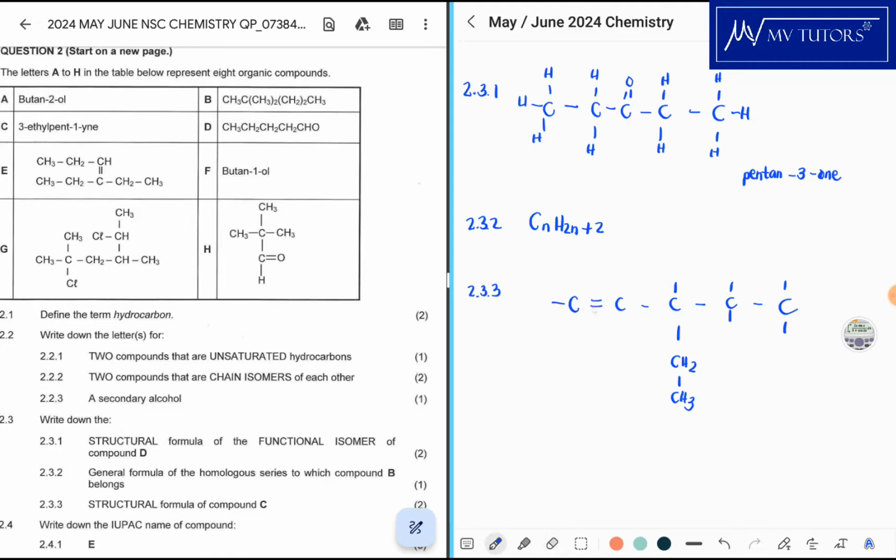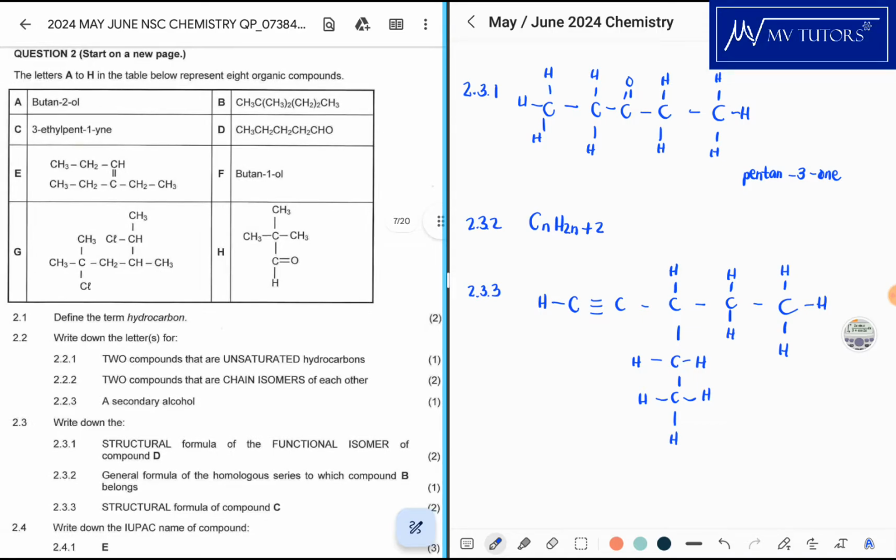We have a triple bond, then we have our hydrogen, and here we're going to have to put the hydrogens properly. There's our CH3. So this is our ethyl group. I need to make sure there are 4 bonds around each carbon. So that's basically the structural formula of compound C, which is 3-ethylpent-1-yne.